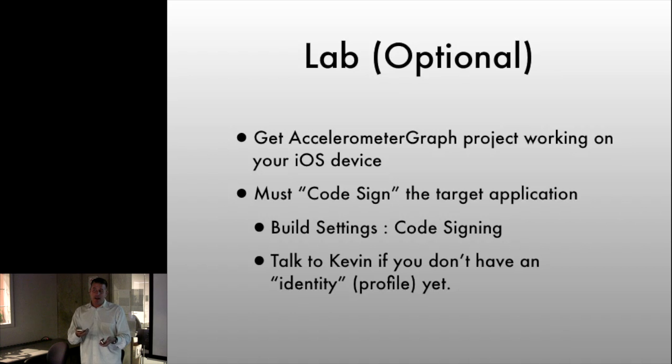Say somebody was riding in a car and there's bumping and jarring going on, you may want to filter that data out. If you've got a game that relies on user movement, you may want to desensitize those bumps and jars. And this project, the sample code, actually has all of the code to do that. It's actually pretty cool.